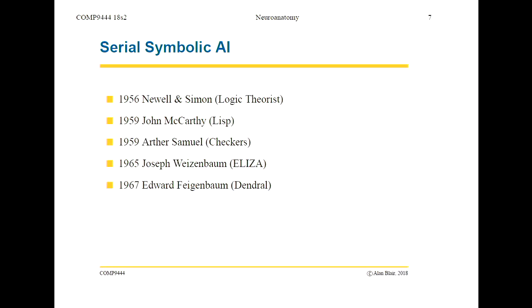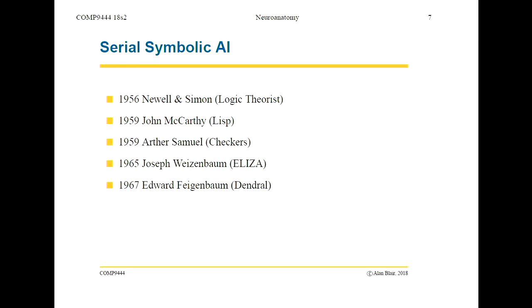So this is that conference. Most of the people who came to that conference just sort of waffled on about some ideas, but these guys actually had a program that they'd implemented and demonstrated, and I think it did some sort of logical deduction. John McCarthy invented this language called Lisp.